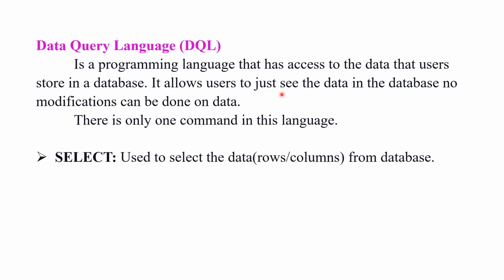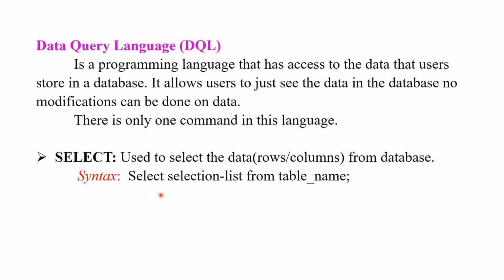It allows users to just see the data in the database. No modifications can be done on data. As the name suggests, we can only query the database, but we cannot perform any modifications or changes to the database. So the select is used to select the rows or columns from the database. So what is the syntax? Select selection list from the table name.